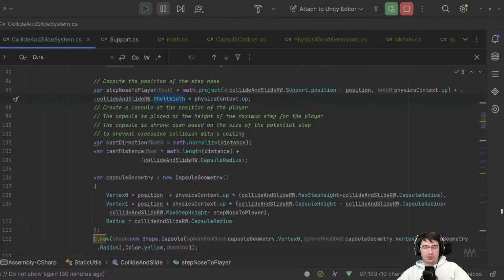Or actually, the shell width should also be part of the second vertex. But it is because I removed it from the second vertex. So there is some stuff that's not very intuitive.